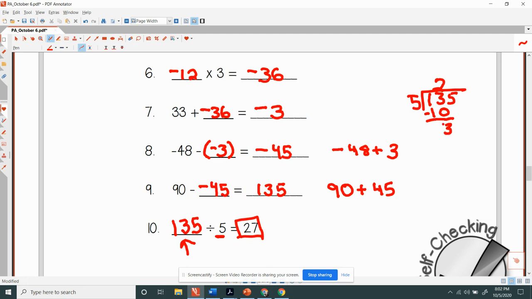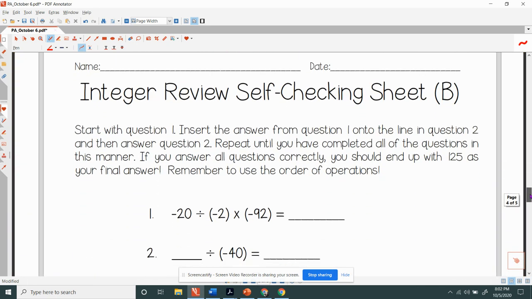Subtract 3. 3 is the remainder. I bring down the 5. 35 divided by 5 is 7, and 7 times 5 is 35. No remainder. And the answer is indeed 27. Our answer checks.